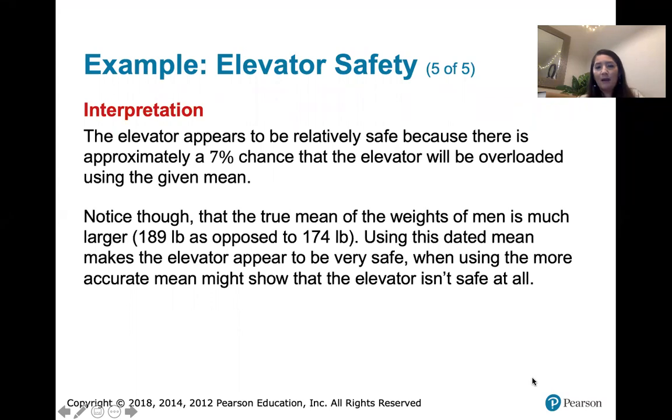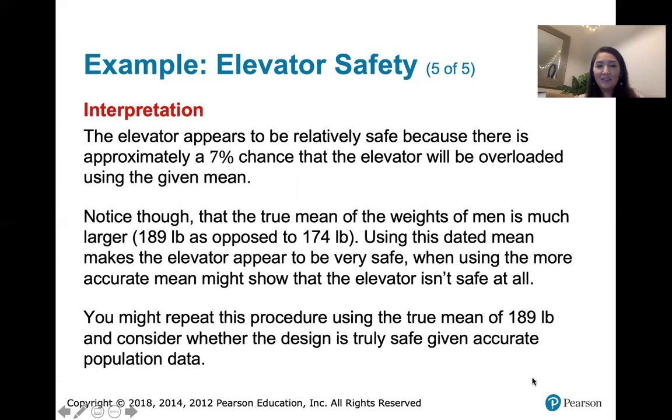I'm not 100% sure about the history, but I have a feeling that something like that probably happened, because you've got this mean of 174 pounds, which implies that everything is safe. But then if it turns out that that elevator is breaking all the time and it's not safe, maybe the assumption that happens to be wrong is that the mean weight of men is 174 pounds. Maybe they found out that that mean weight of men was inaccurate, and when they found the new mean weight of men, 189 pounds, they could be much more accurate and design a much safer elevator.